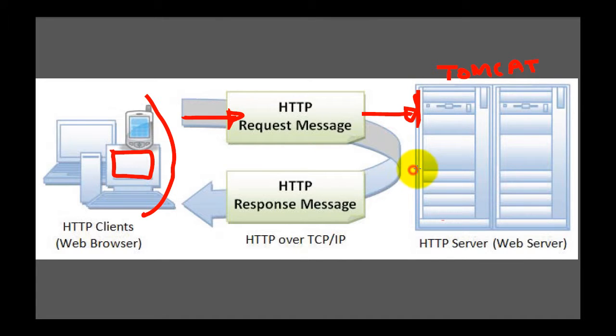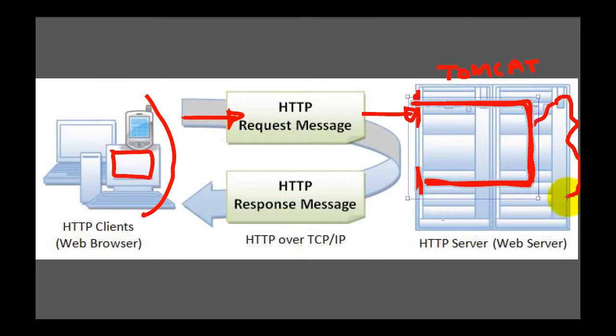Tomcat will take the message. Since it understands HTTP protocol, it will read the message, read the header, read the body, act upon the request. If we are requesting to persist data, it will go back to the backend and persist data to MySQL.